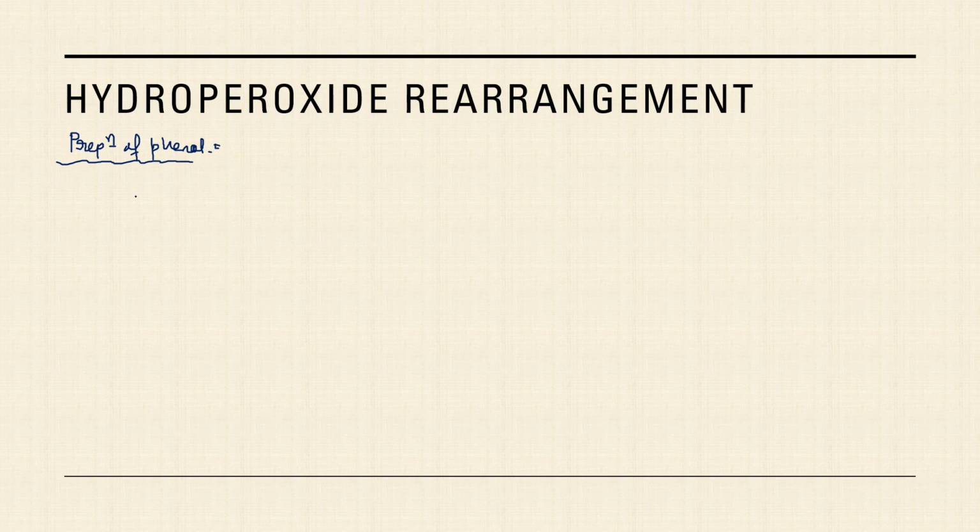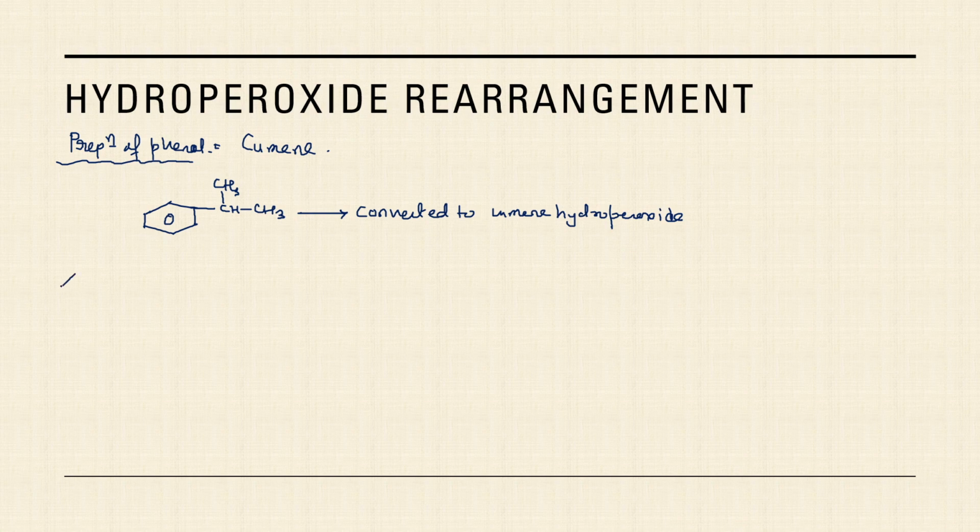To prepare phenol we use क्यूमीन, और ये है क्यूमीन, आइसोप्रोपाइल बेंजीन, this is cumene. ओके, आइसोप्रोपाइल बेंजीन, this cumene. एक्चुअली करते क्या है कि क्यूमीन का पहले हम ऑक्सीडेशन करते हैं। Okay, first and foremost we convert cumene to cumene hydroperoxide. और ये किया कैसे जाता है?